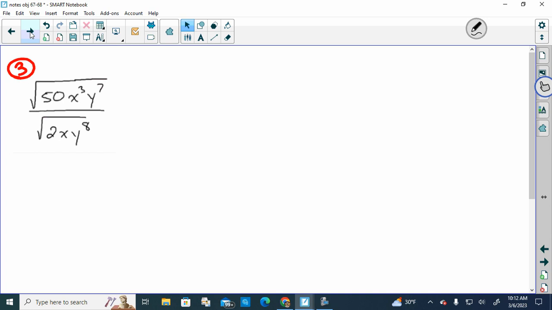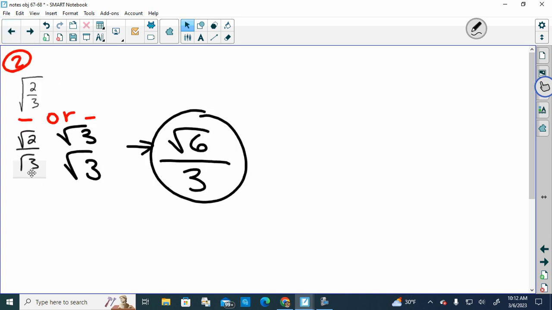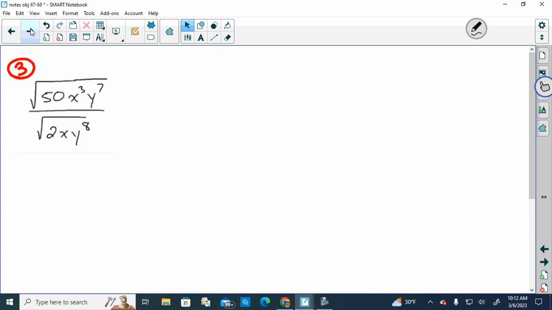These ones back here that we had before, radical 3 couldn't divide into radical 2. So the shortcut to this one, rather than going radical 2 on the bottom, and the x and the y and the 8th, is if the bottom, because it's a radical with a radical, can go into the top, simplify it that way, because then you're working with a smaller number.